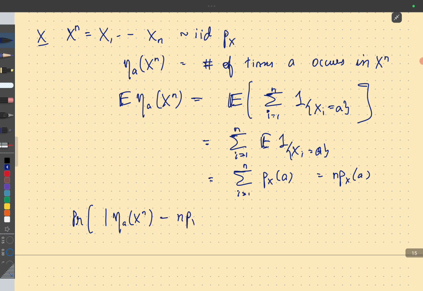Minus, is greater than or equal to, let's say, n times Px of A times epsilon.